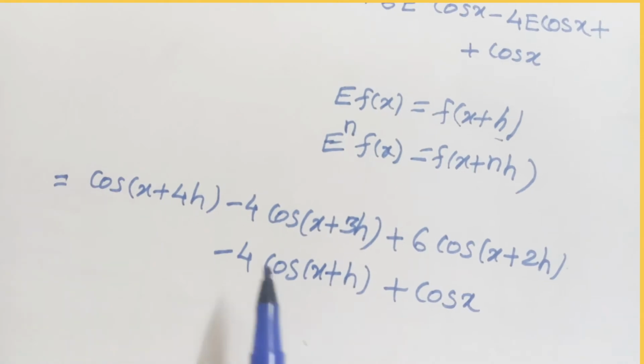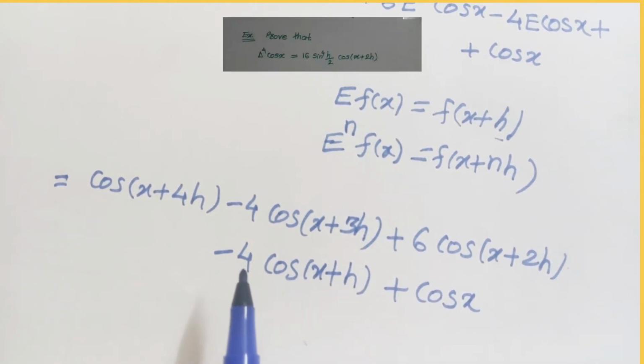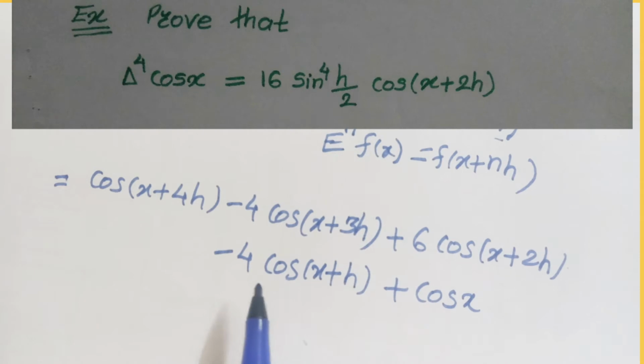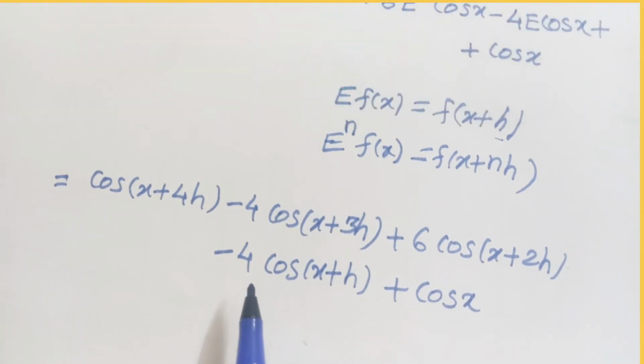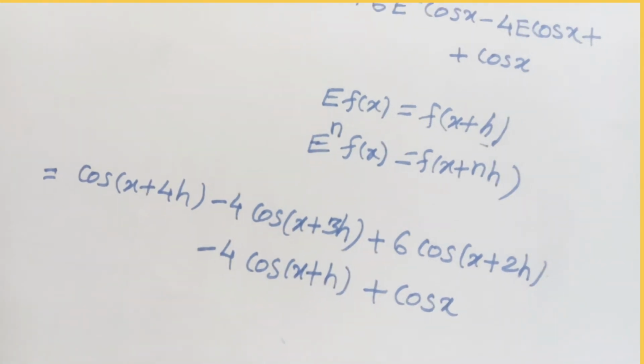So after applying the shifting operator, we get this type of term. But we have to show that this equals 16 sin raised to the power 4 h by 2 into cos x plus 2h. That means this answer is not sufficient. We have to simplify this term again.